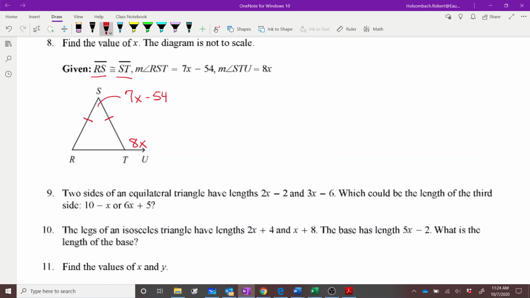So we need to find the value of x. Alright, we know that these two angles down here in the bottom of this isosceles triangle are congruent to each other. This angle here is congruent to this angle here.